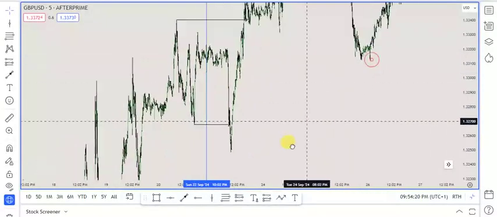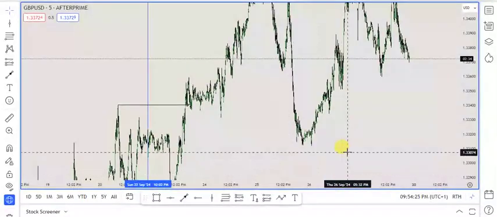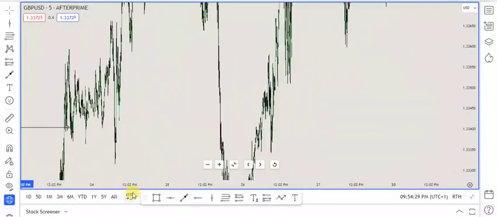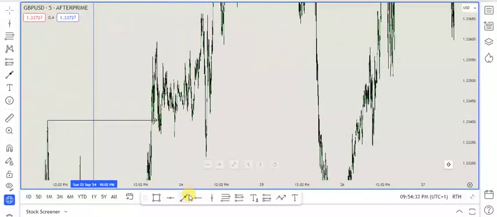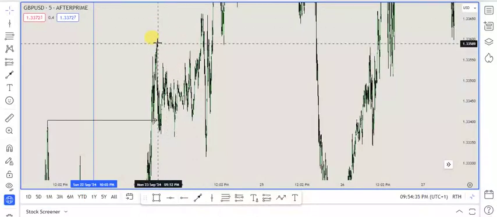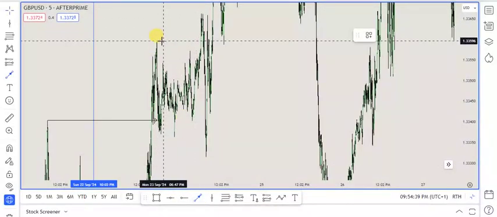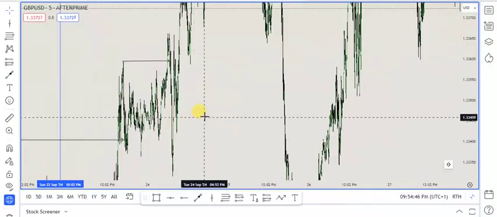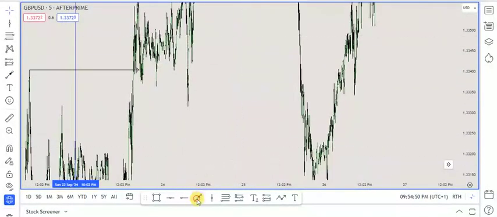Let's just focus on getting the price action clearly of what is going on here on GBP USD. We got a break here, right? Then we got a manipulation.